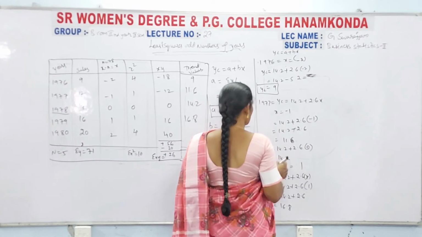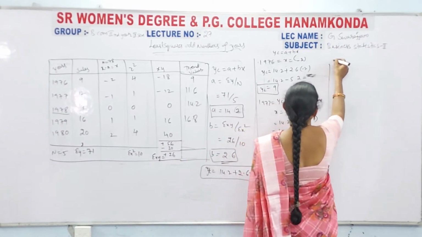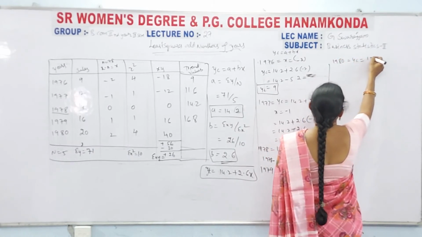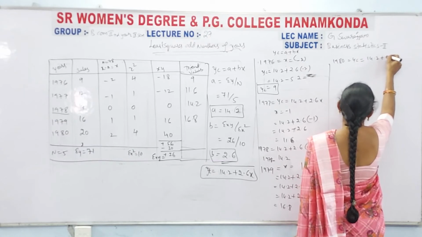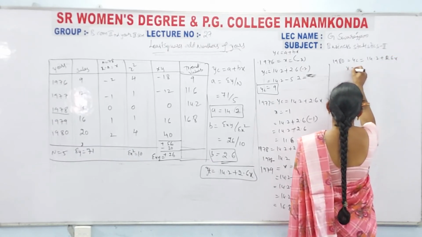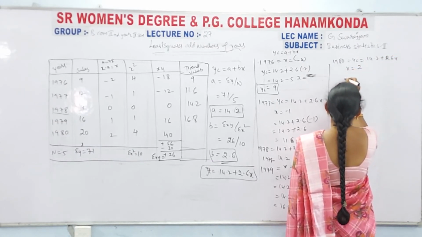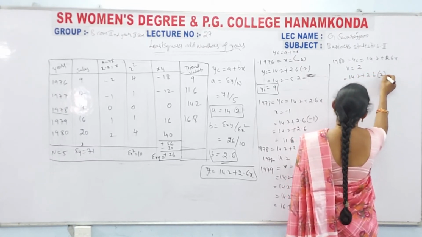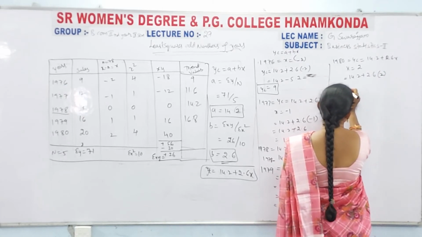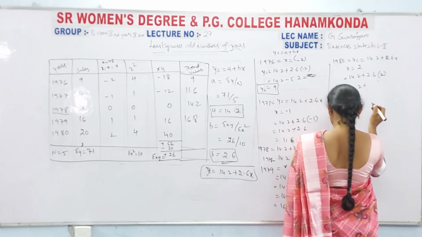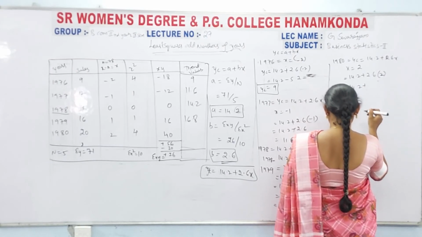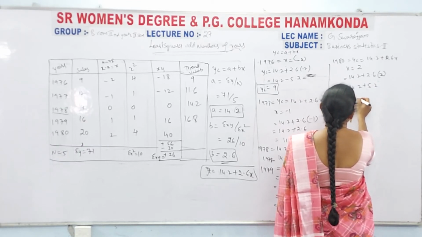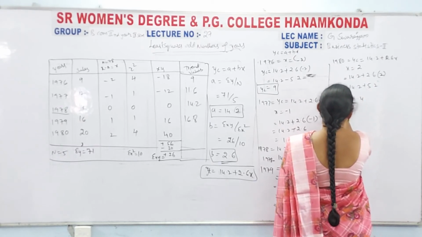Next, 1980. Yc is equal to 14.2 plus 2.6x, then x is equal to +2. So 14.2 plus 2.6 into 2 is equal to 5.2. So 19.4. This is 1980.